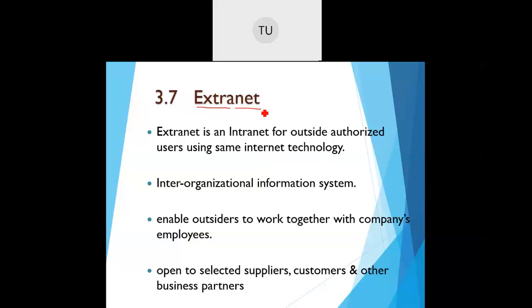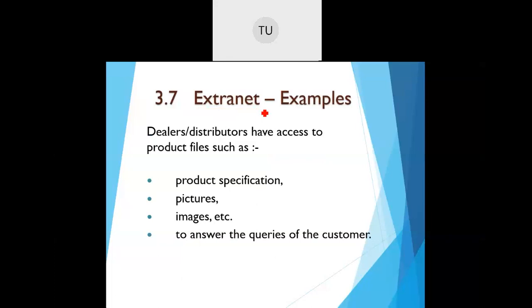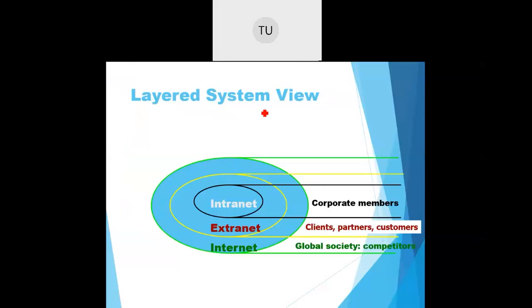Of course, outside parties or outside companies are not able to connect to the intranet. So in order to connect, you have to allow the concept we call extranet. Only specific organizations, companies, or vendors can connect to the intranet. We call that extranet. This is an example of extranet, dealers selling PCs and so on.